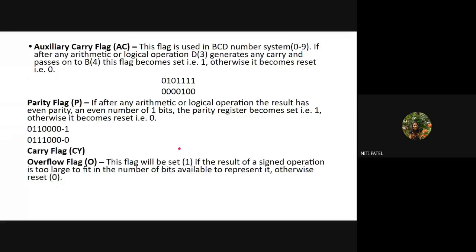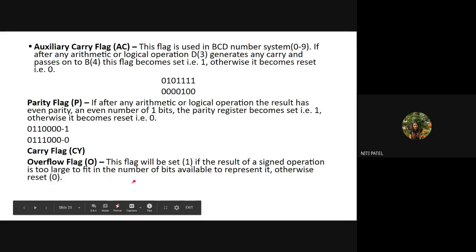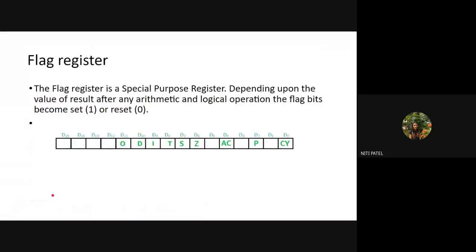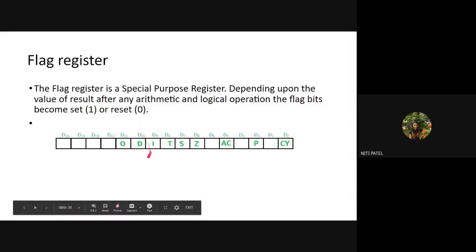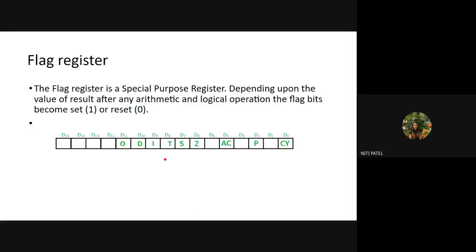What is the overflow flag? A flag is set to 1 if the result of a signed operation is too large to fit in the number of bits available. Otherwise, it is set to 0. Overflow means what? How much is the size of my register? The size is 16 bits. Right? Now, if my result has overflow, that means it has become 17, 18, 19, 20 bits. So what happens?